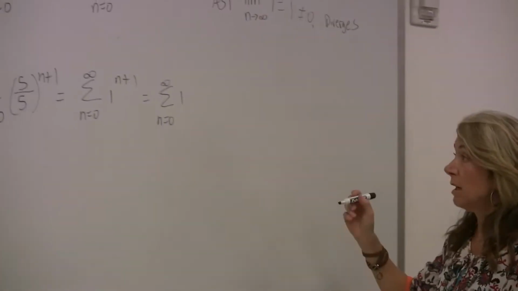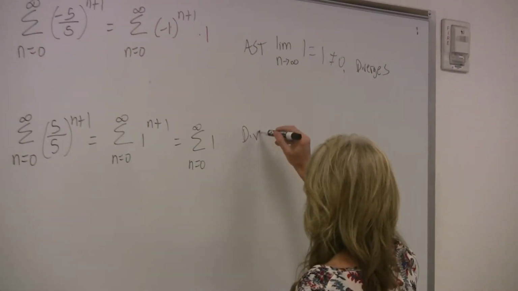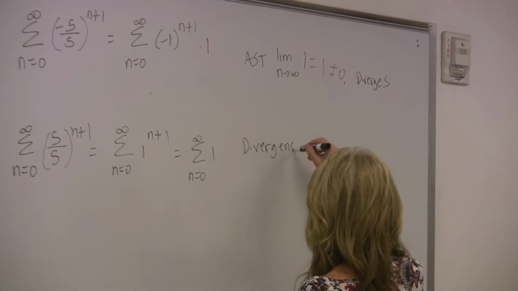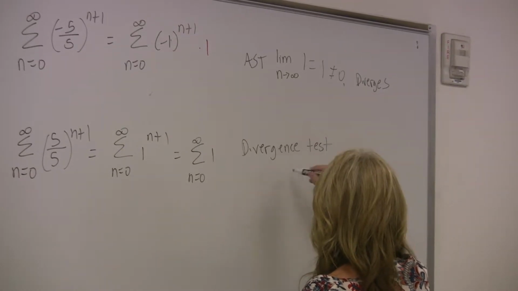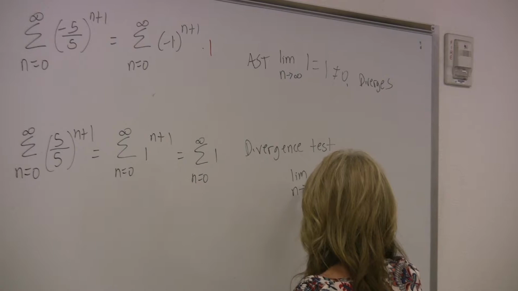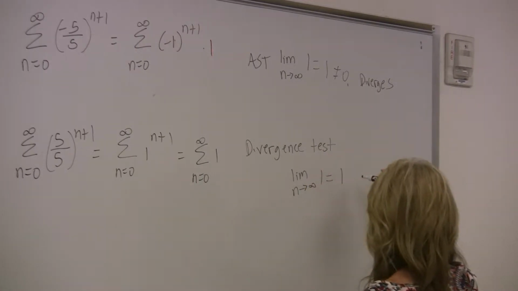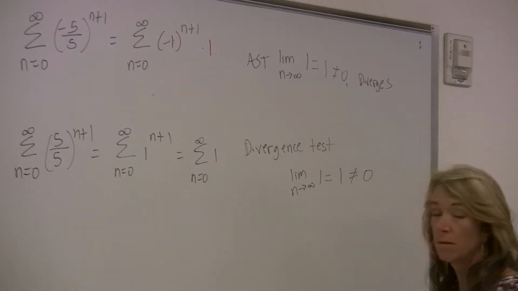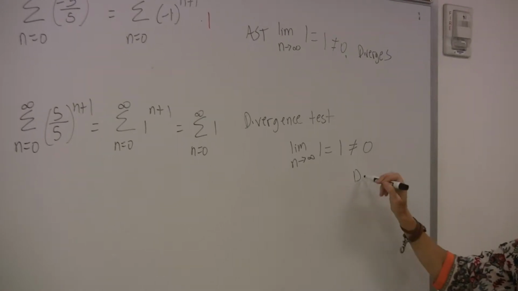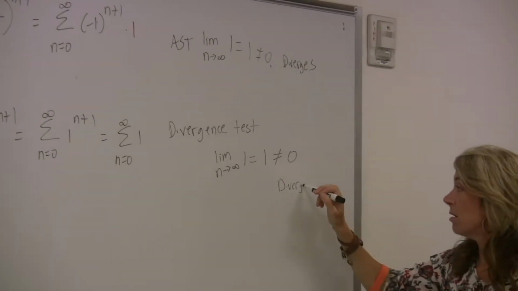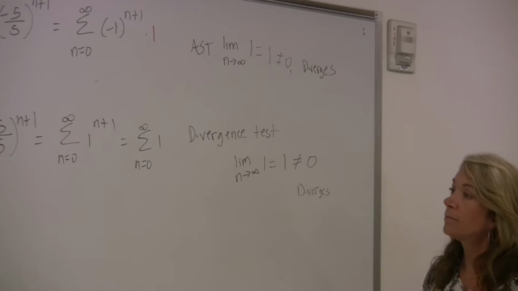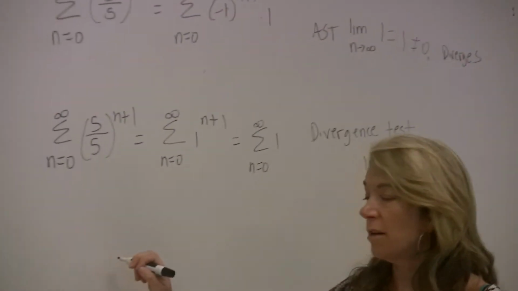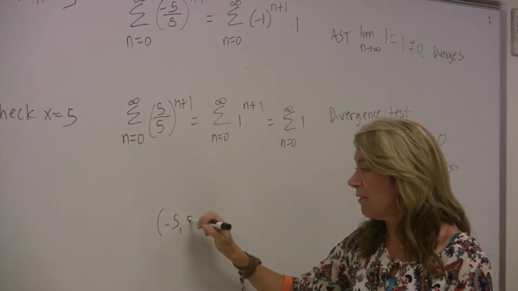What can you tell me about this series? Diverges because of the divergence test. The limit as n goes to infinity of 1 is 1, and it's not equal to 0. So it diverges. So that tells me my interval is negative 5 to 5.